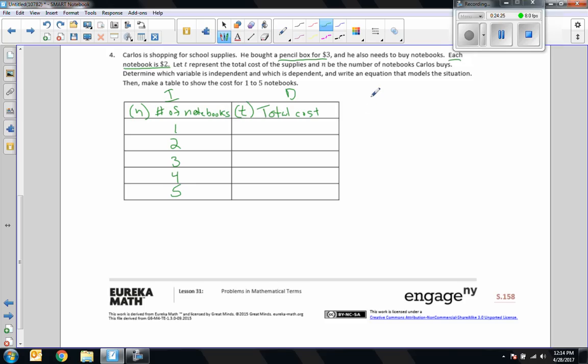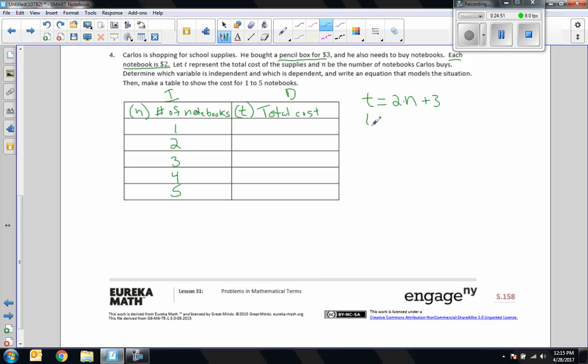Remember, the dependent variable is always isolated by itself, and it equals the calculation we were doing. So he's buying a pencil box for $3, but he's only buying one. But he's going to buy notebooks, and he knows that they are $2 each. Each notebook, $2 per notebook. That's multiplication. And there's my equation. T equals 2N plus 3.